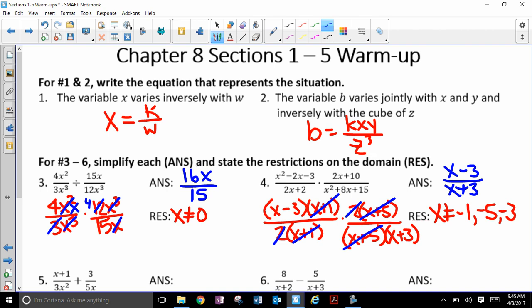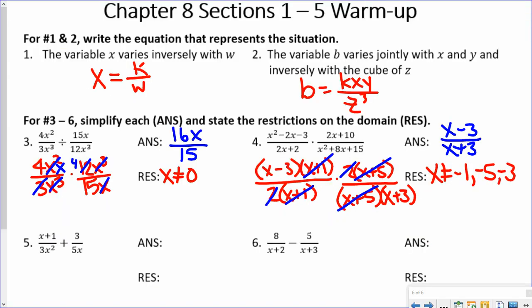All right, now let's look at addition and subtraction. So remember, with addition and subtraction, you have to have a common denominator. So for this first one, our LCD is going to be 15x squared. So you had to multiply this by 5. So that gave you 5x plus 5. And then multiplied by 3x here.